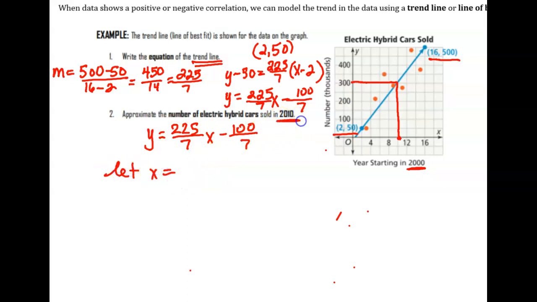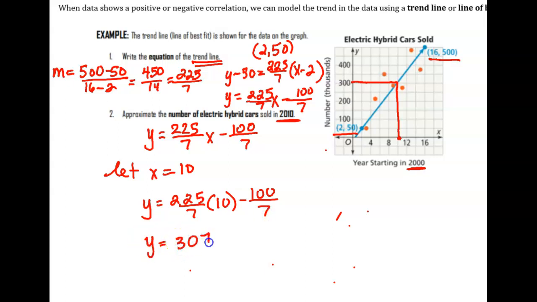Since it's 2010 and we started at 2000, we're going to let x be equal to 10. When we change our input value to 10, we just substitute it in. When we do the math, we're going to find that y is approximately 307.14, so we're going to say it's approximately 307. When it shows on the graph, it's a little bit more than 300.